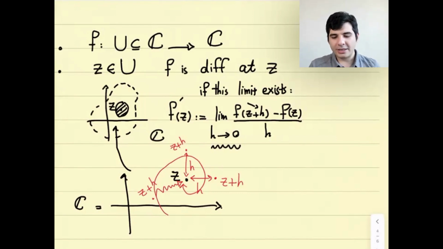So the point is that here H can go to 0 along any path in the set of complex numbers, right? So because this limit should exist no matter how H is going to 0, being complex differentiable actually is quite restrictive.